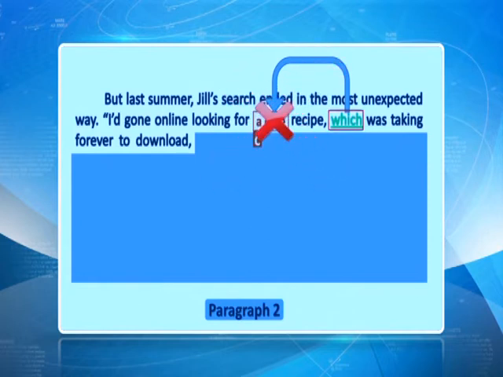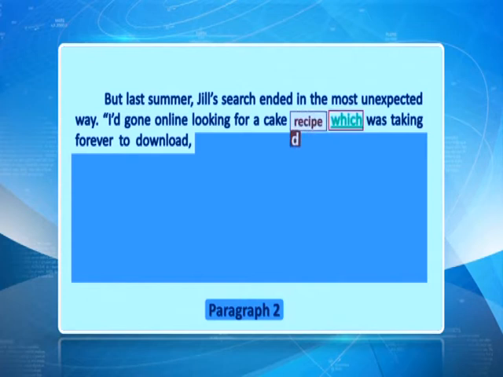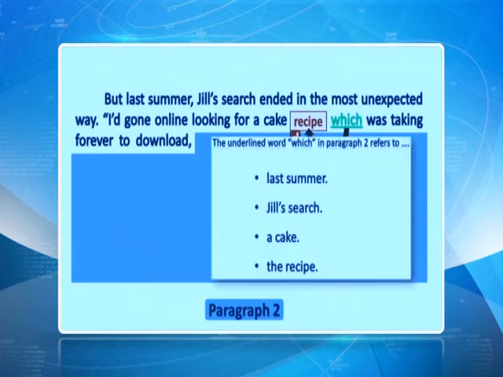So let's move on to the last option, which is a recipe. And yes, the recipe was taking forever to download. Okay? So this is the right word which is referred to by the pronoun which. So the underlined word which in paragraph 2 refers to the recipe. It is a cake recipe, but the head noun here is the recipe itself.